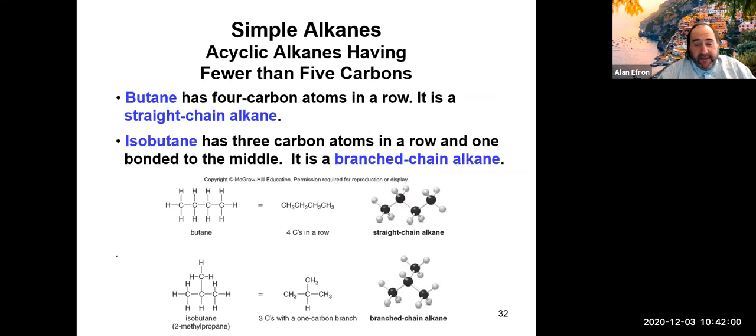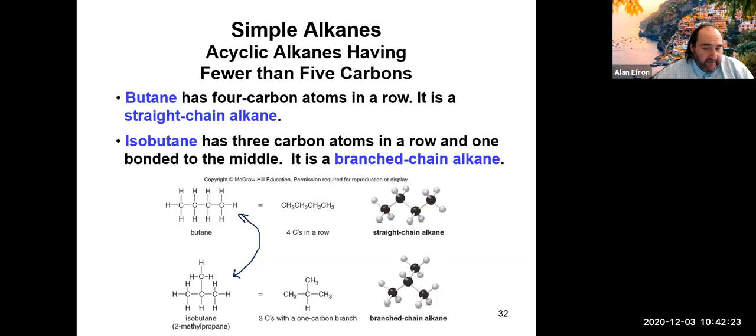All right, here's butane. And again, butane is basically 4 carbons in a row. Now, something different about what we were just talking about is these 2 here are not the same compound, even though they have the exact same numbers of elements.